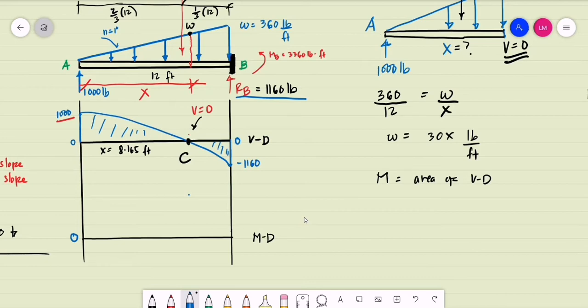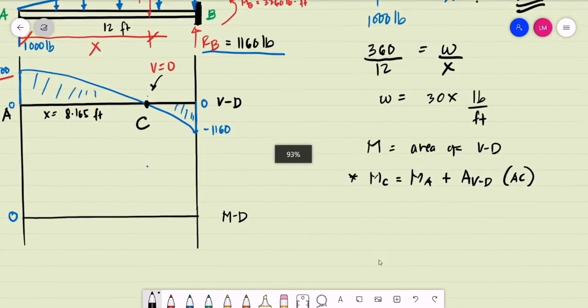So we are now to compute for the moment at C. The moment at C is basically equal to the moment at A plus the area of the shear diagram for the segment from A to C. So the free end is point A, then the location of the zero shear is point C.